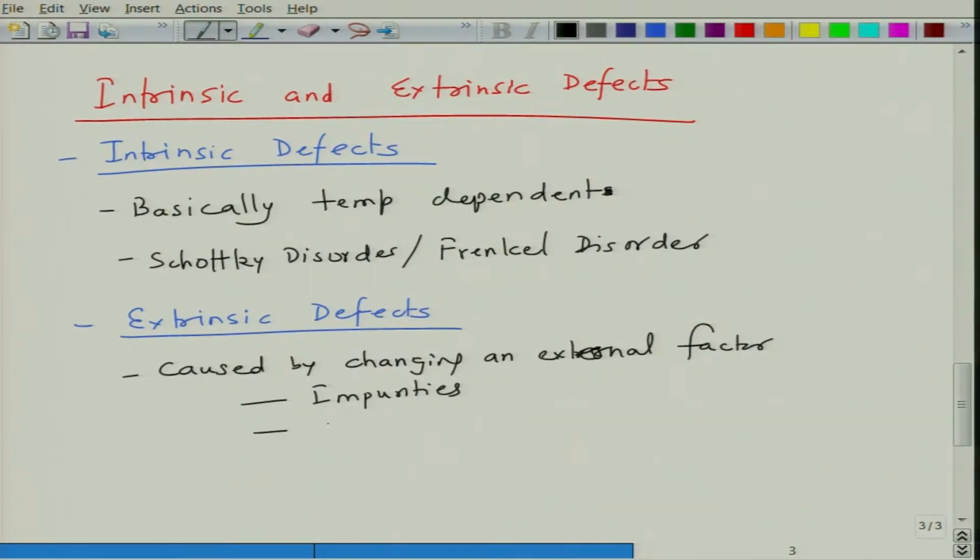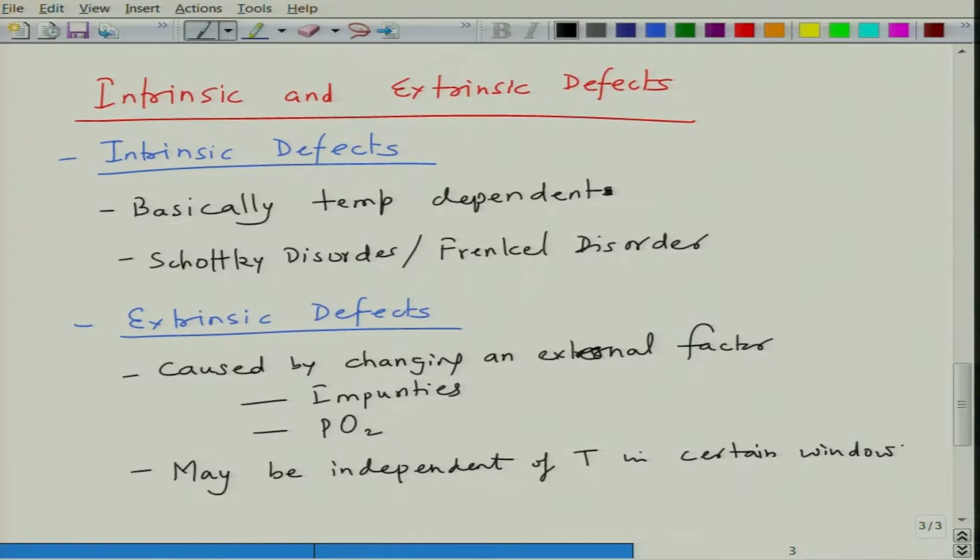It could also be the partial pressure of oxygen, the ambient pressure, and so on and so forth. So this defect concentration may be independent of temperature in certain cases, or at least there is a certain window when it is independent. And generally what happens is that there is a crossover.